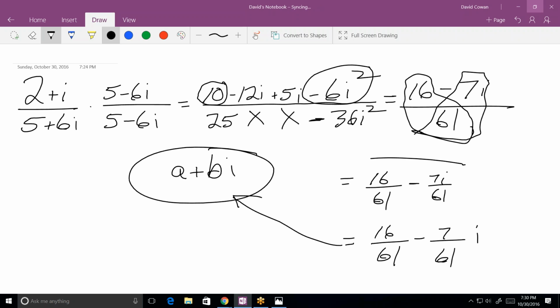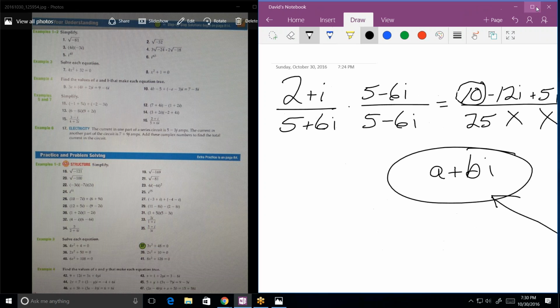This one right here really isn't, because I got the 7i above the fraction bar. I want to know what b is. b is 7 divided by 61. Actually, negative 7 divided by 61. With me? Yeah. All right.